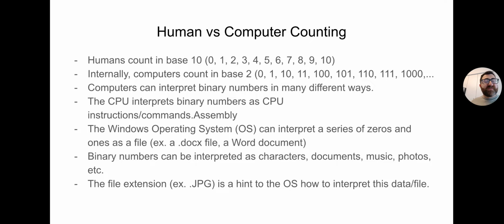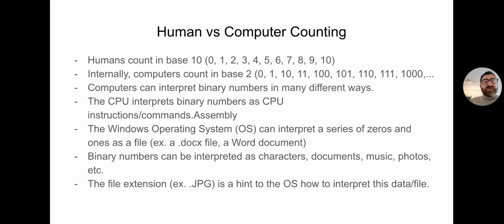But your computer will take these zeros and ones and interpret them as a Word document, as a photo, as a video, and it makes a decision how to interpret it, which program to use on it, based on the file extension. The .docx at the end of the file for Word, the .jpeg for photos, .mp4 for videos, and so on.